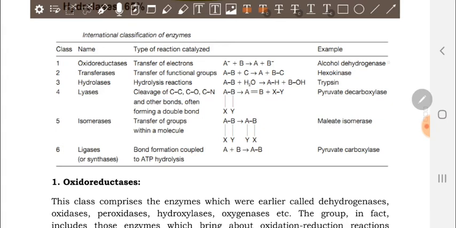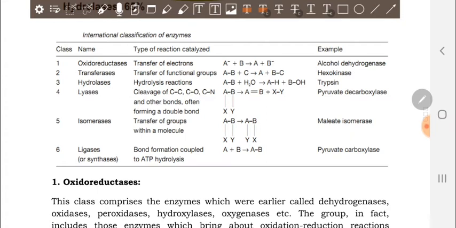The example is alcohol dehydrogenase. The next type is transferases, which transfer a functional group: AB plus C gives A plus BC. That means C joins with B and A is separated. The example is hexokinase.